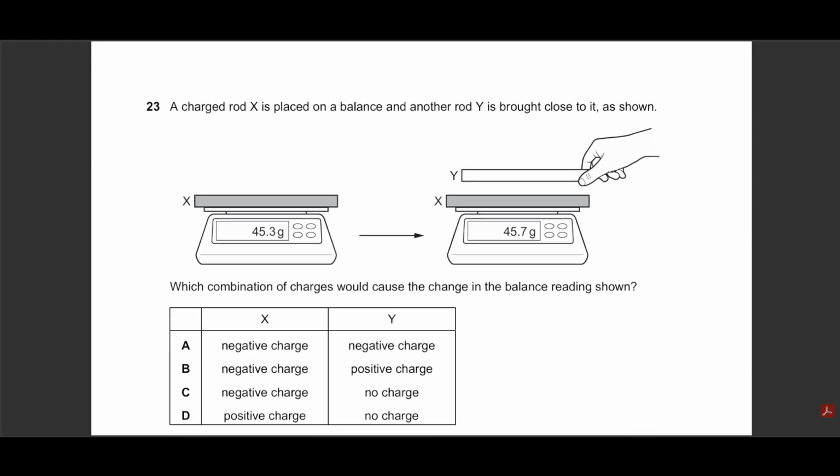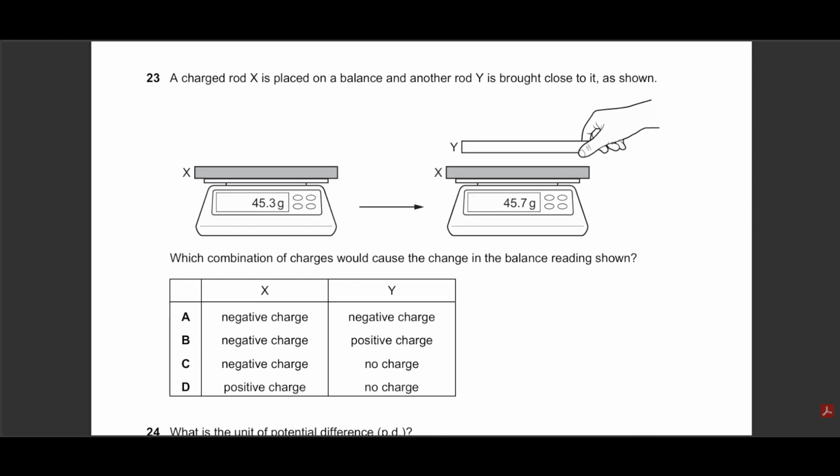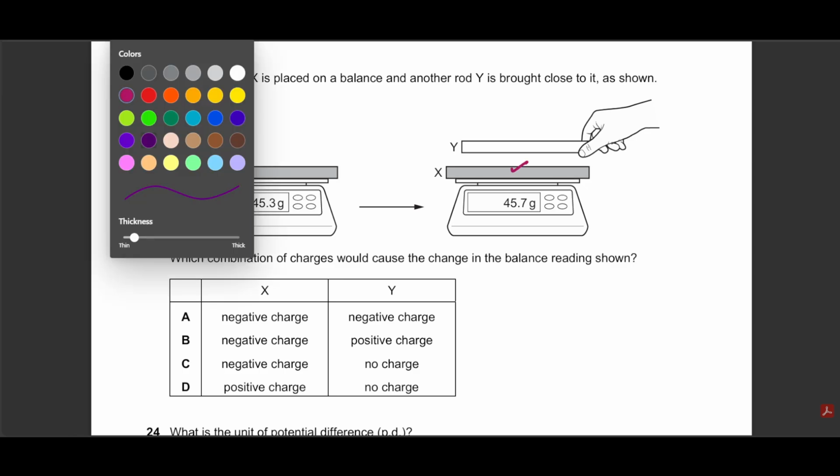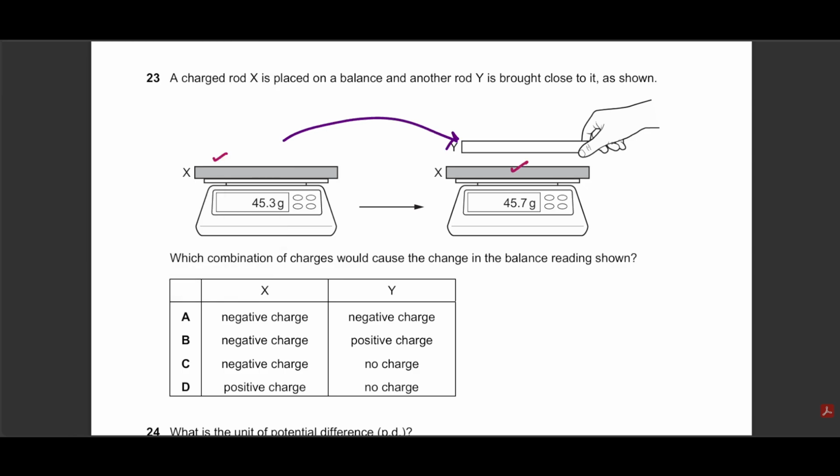Let's move to question number 23. We have a very interesting question. If you notice, the bar is already placed in its own position, but when you bring another bar close to this, the mass appears to increase from 45.3 to 45.7, which means that the X bar has experienced a force downwards.